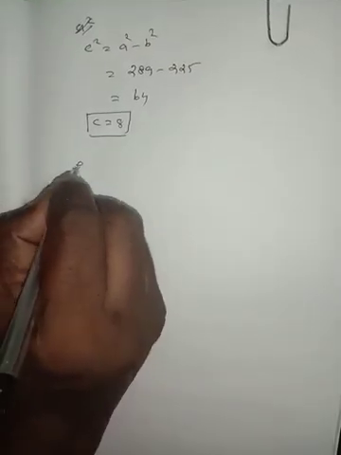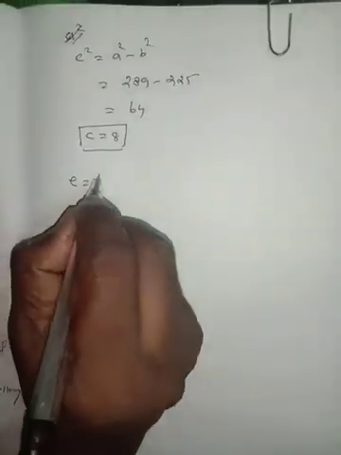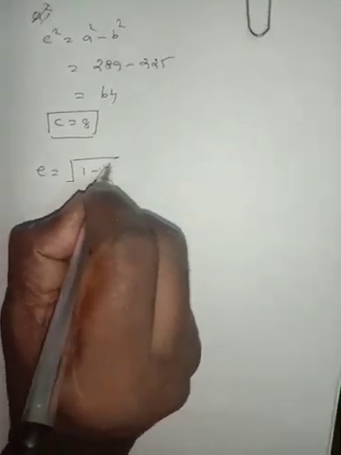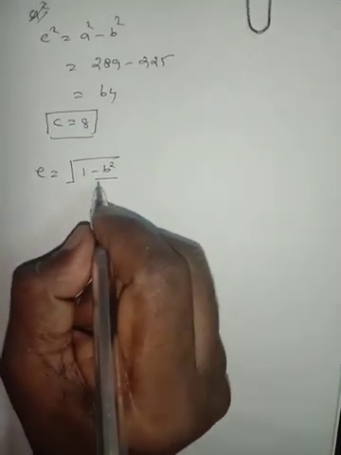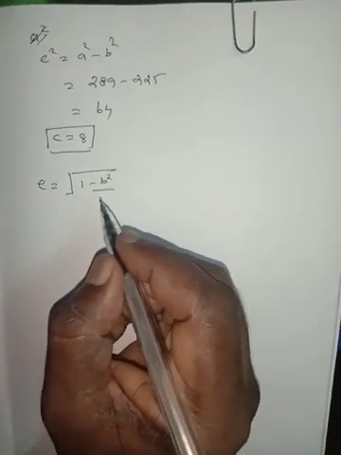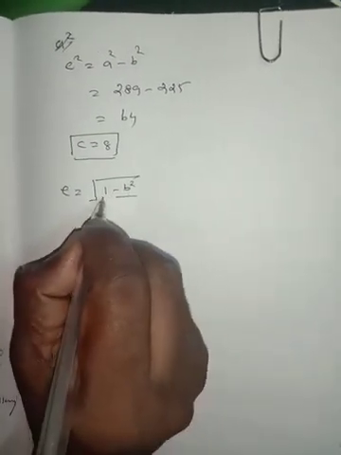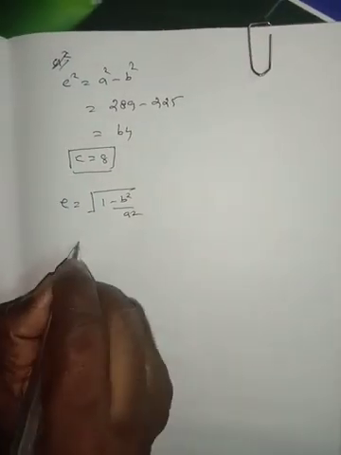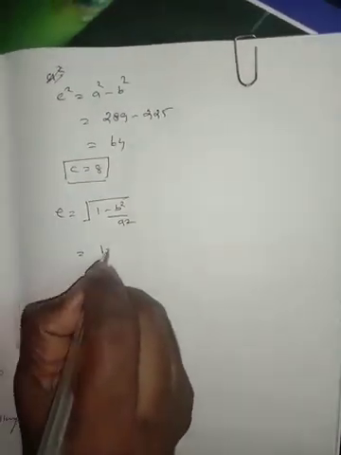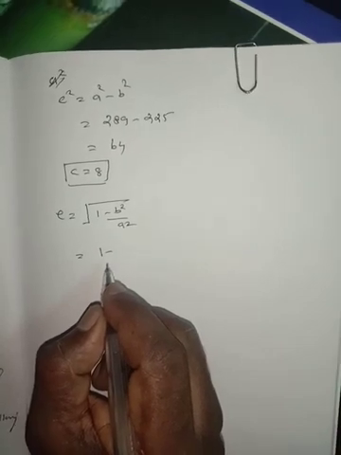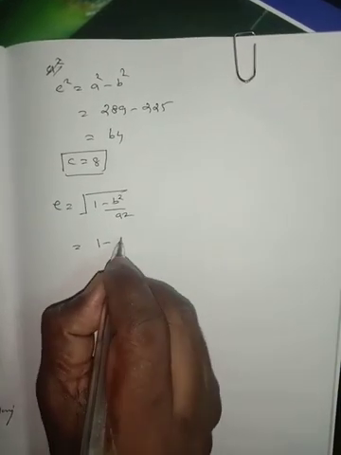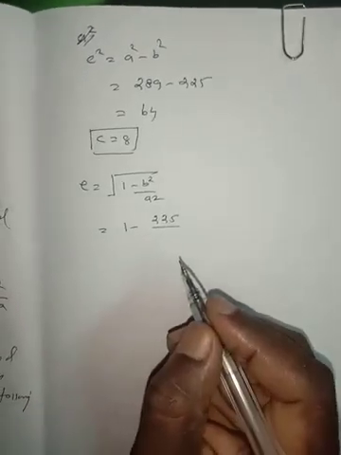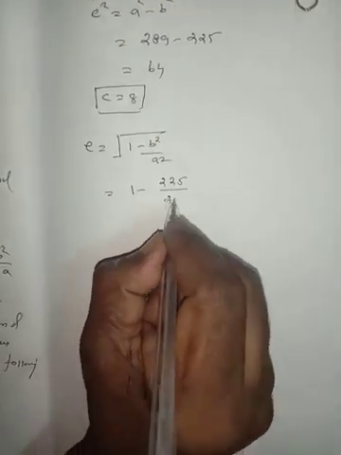Eccentricity: in an ellipse, e is the square root of 1 minus b square by a square, which is equal to the square root of 1 minus 225 divided by 289.